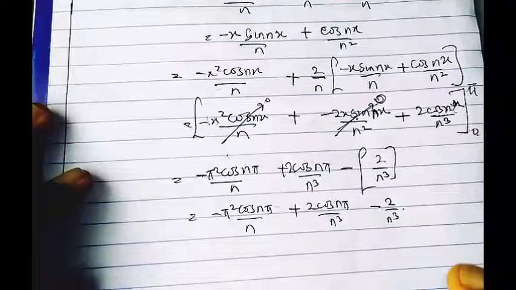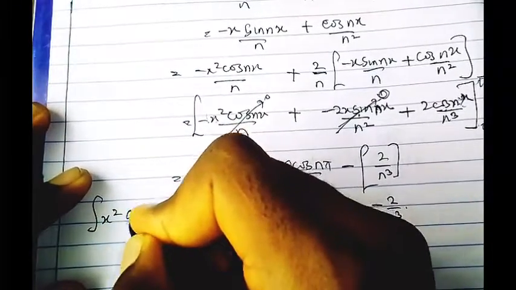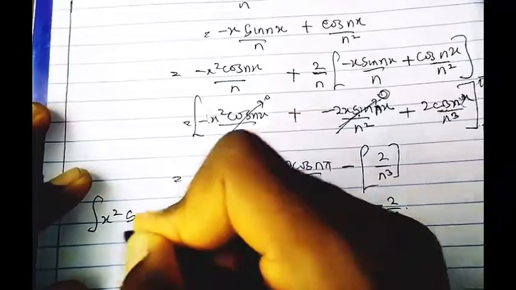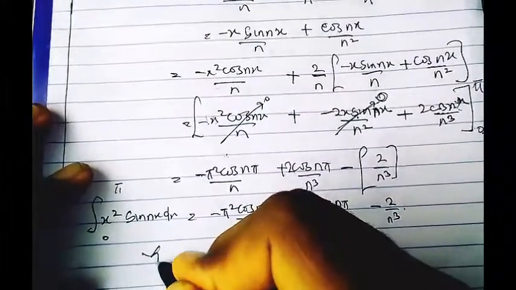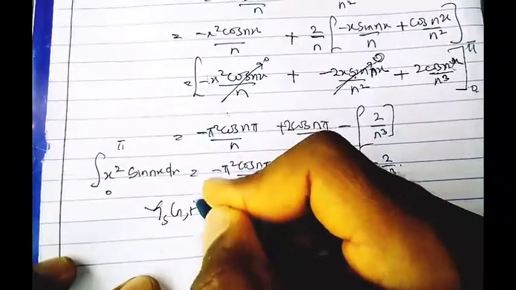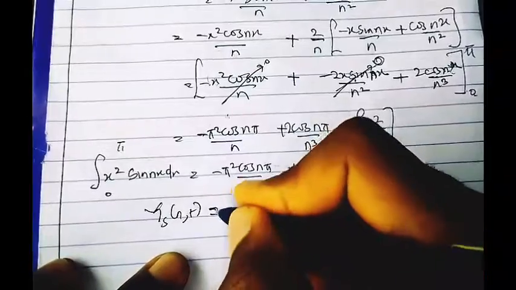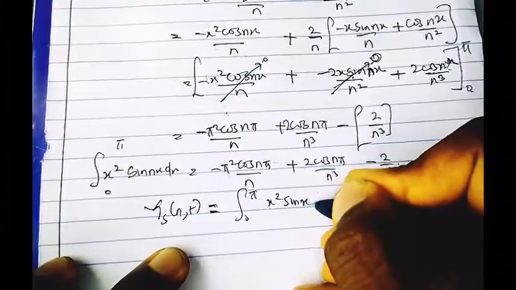So this is what we got when we integrated x squared sine nx dx, coming from 0 to pi. And remember, this was equal to the Fourier sine transform with respect to n and t, which was equal to integral from 0 to pi of x squared sine nx dx.